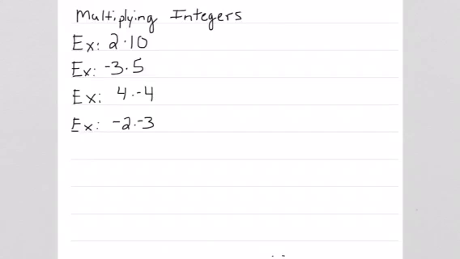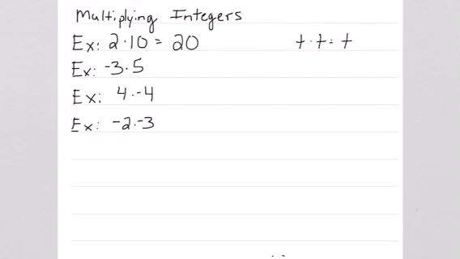2 times 10, well, that's just 20. And what we see is anytime you multiply two positive integers, you get a positive number. So if I multiply a positive times a positive, then I'm going to get a positive as my answer.